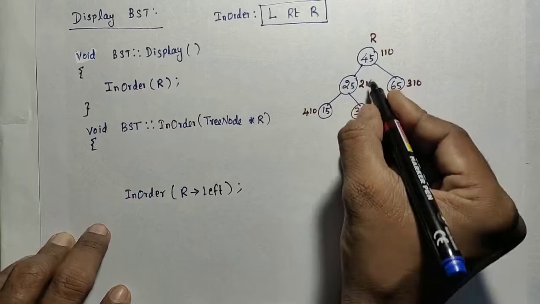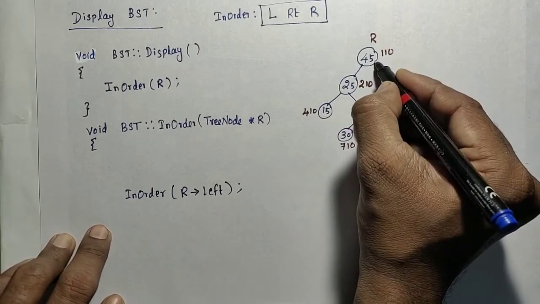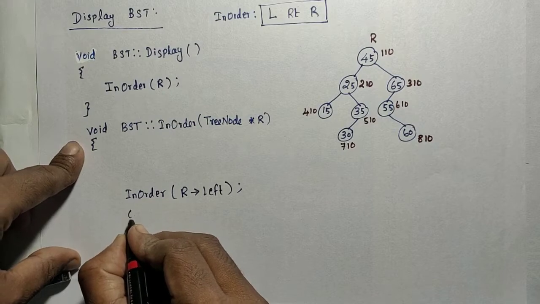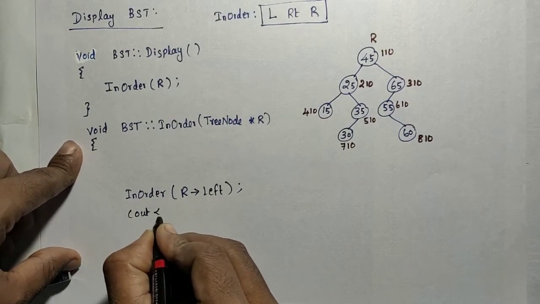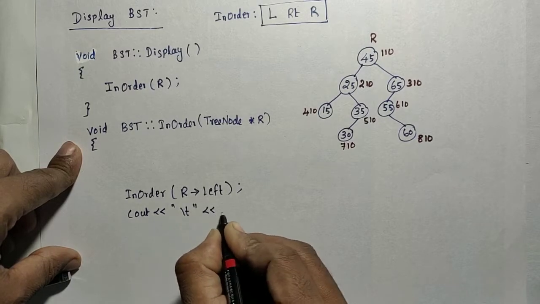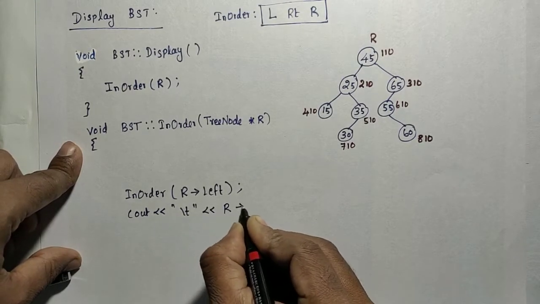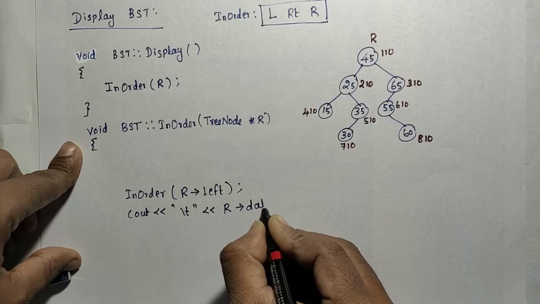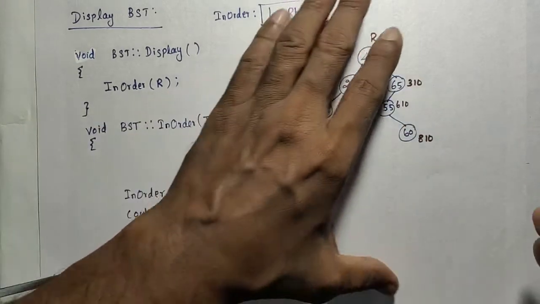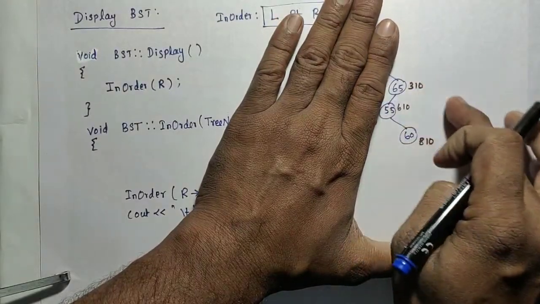Okay, and then we need to print the root value, that is R's value. So we can print that: cout, backslash t, and then R of data. Okay, we have printed this. Then I need to print the right subtree in the in-order traversal.